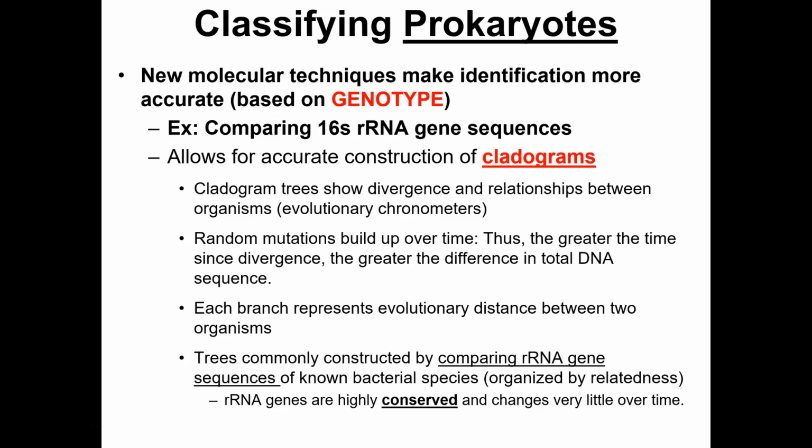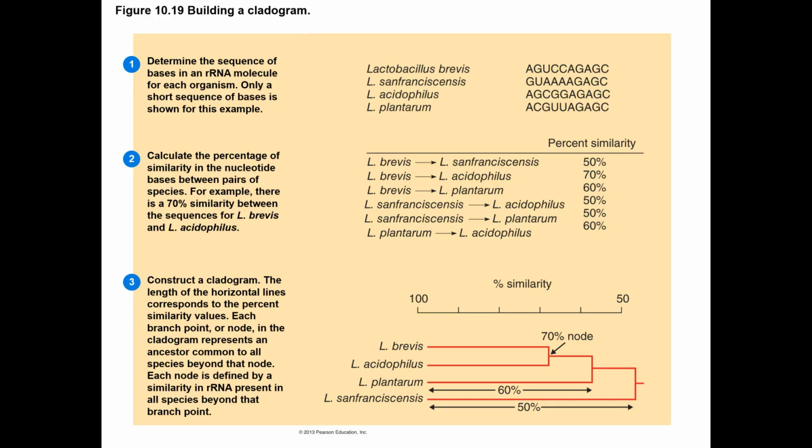So as we sequence 16S rRNA gene sequences and we start comparing them, what we're trying to construct is what's called a cladogram, a phylogenetic family tree. So let's bounce back and forth here. So, here's an example of how to build a cladogram, and this is very crude.